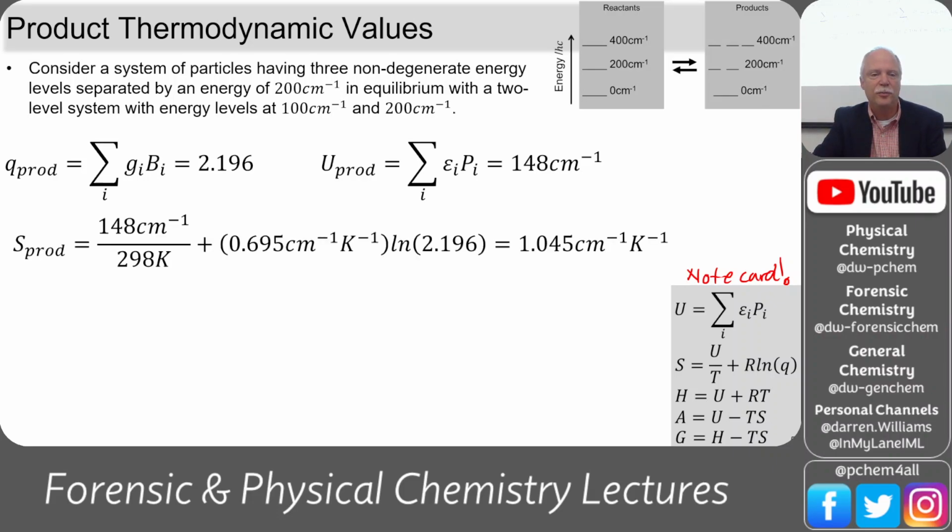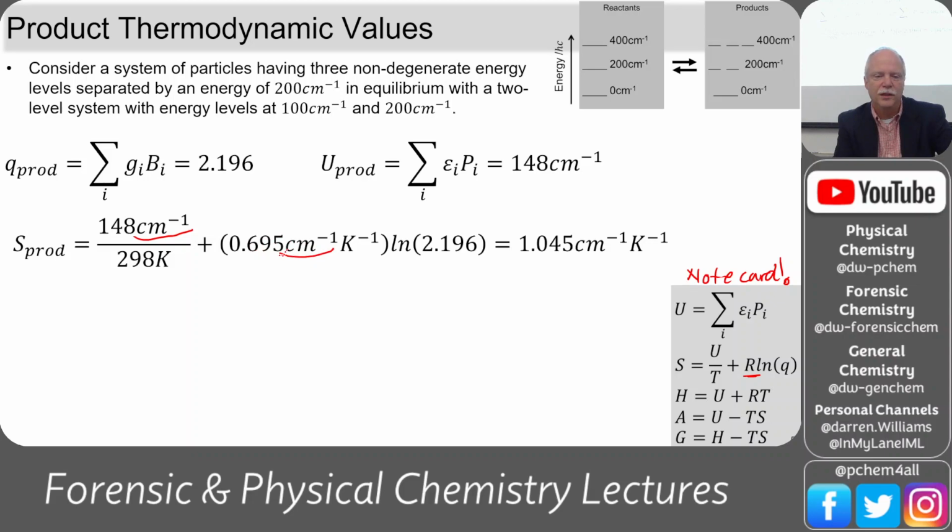Okay, so here's the entropy, the products. We have the internal energy here, U over T, and then this equation says R ln K, or R ln Q, okay? And in this case, R needs to match the units that we use here. So if we're using wave numbers here, we need to use that Boltzmann factor in wave numbers per Kelvin.